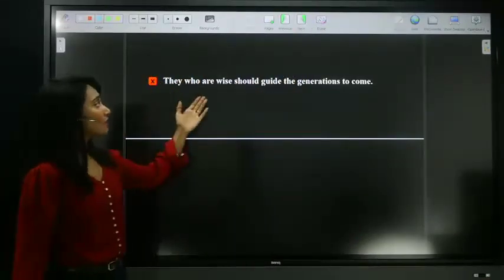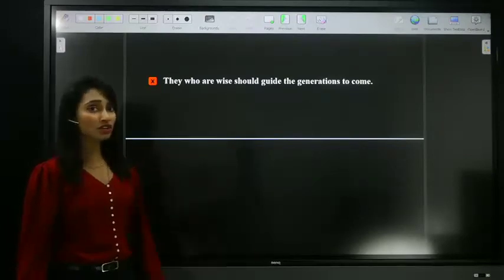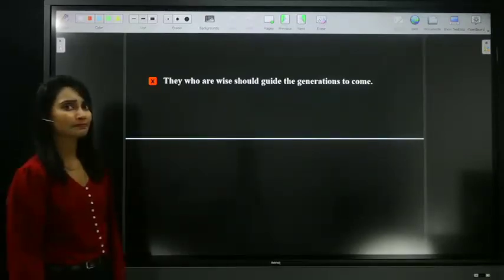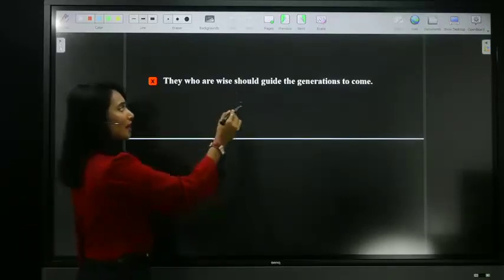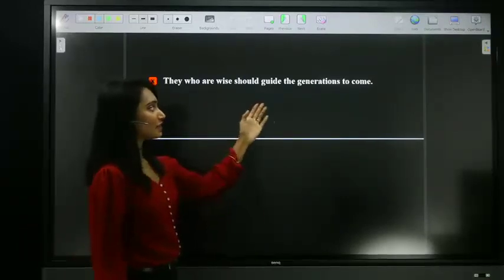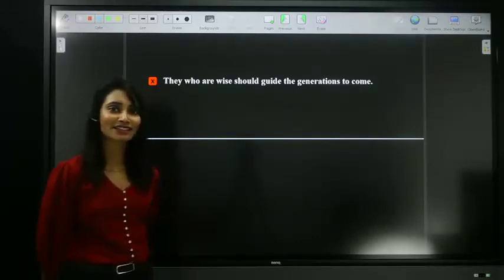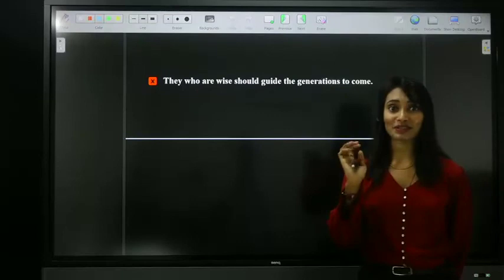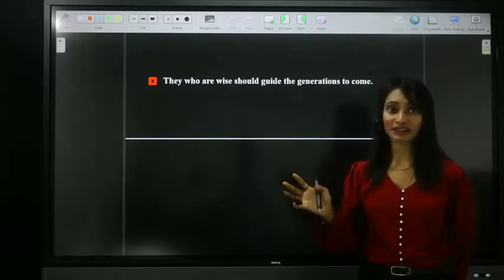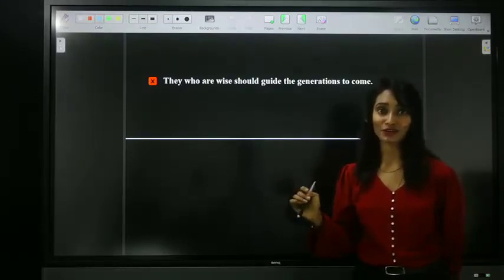They who are wise should guide the generations to come. So try to understand this. They who are wise should guide the generations to come. So try to answer this one. So try to identify first what the subject, verb, object, and what are the pronouns and what is the correct one to use.